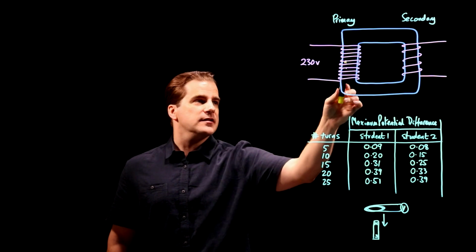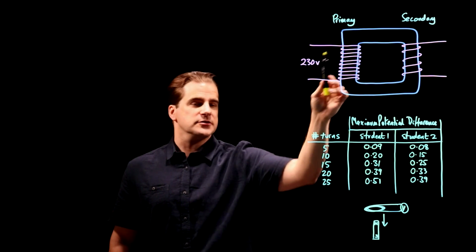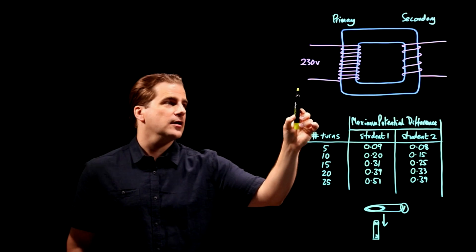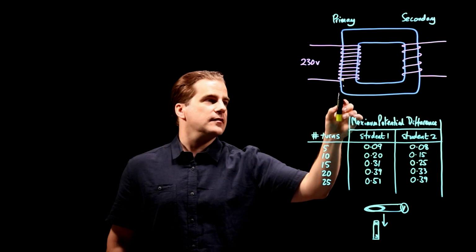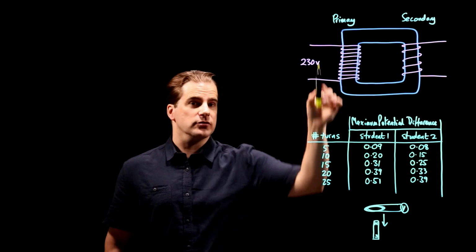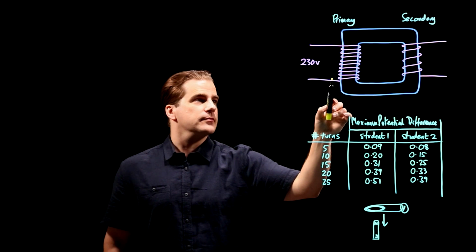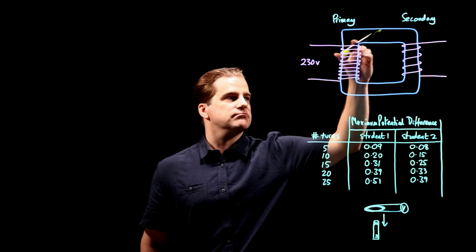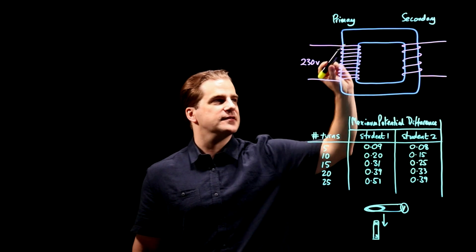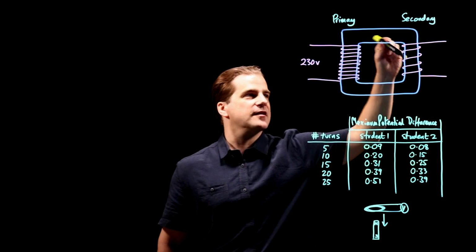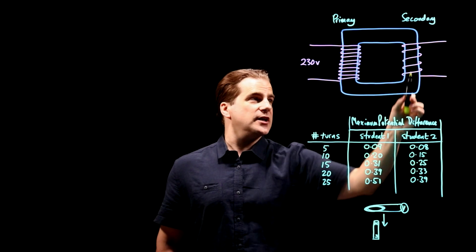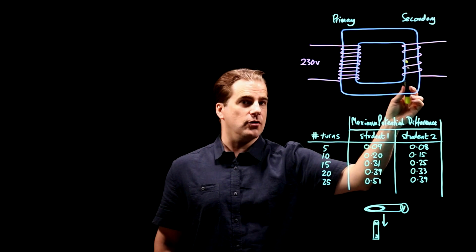There's an alternating current in this coil, which means the current is changing direction all the time. And that's important because that means that the magnetic field in the coil is also changing. And the magnetic field, which, for want of a better phrase, is trapped inside this iron core, because it's changing here, it's also changing inside this coil.